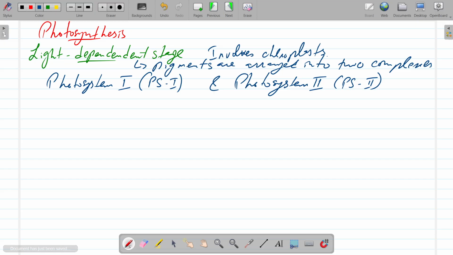Now, the fact that we have two of these means that they work slightly differently.